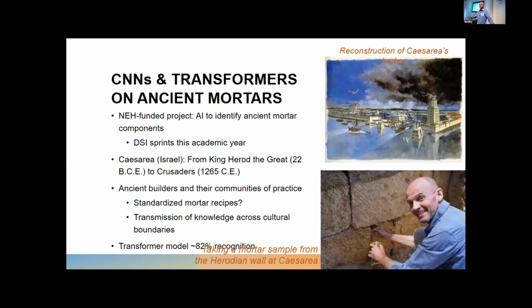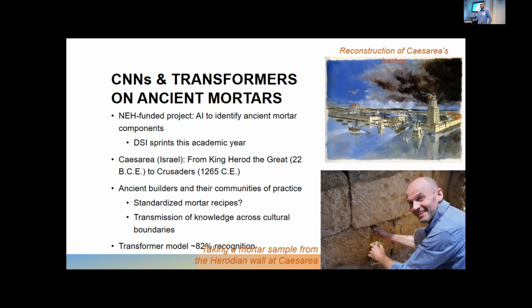And the specific interest that we have here is to understand the different ancient builders. So we have Jewish and ancient Roman engineers, we have early Byzantine builders, we have Arab builders who left stone buildings across the site. And of course, we have the Crusaders, who also built the fortification of Caesarea. And what we are interested in is, again, a question that could not be answered until this project.